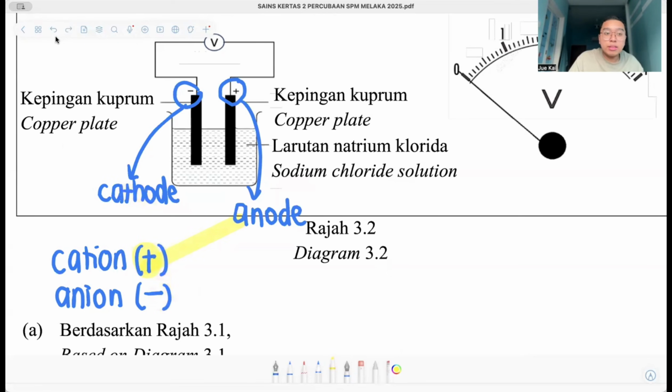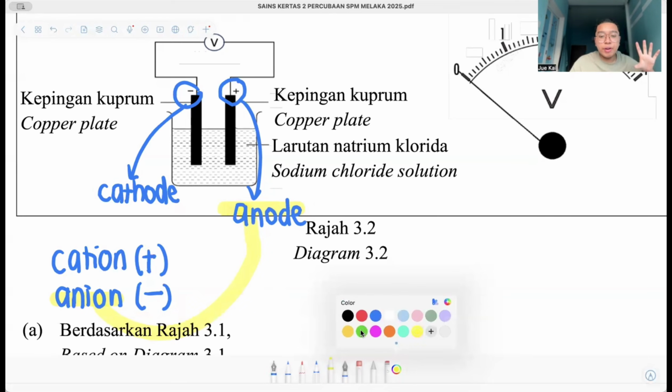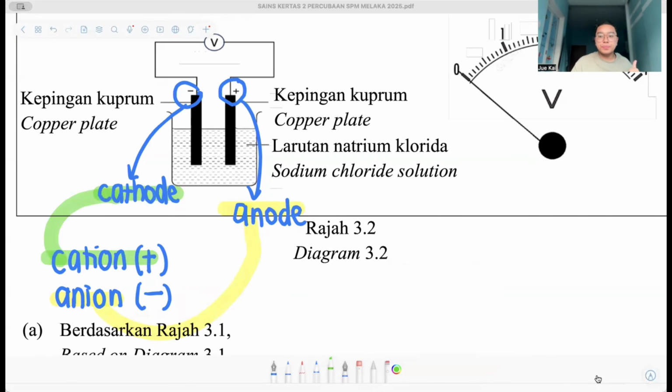No, I tell you the really easy one. You see this anion, it starts with A, so A go with A. Clear? So don't get confused. If right now is cation, you see the word starts with C, so cation go with cathode. Clear? Very clear. I think this one is very clear.